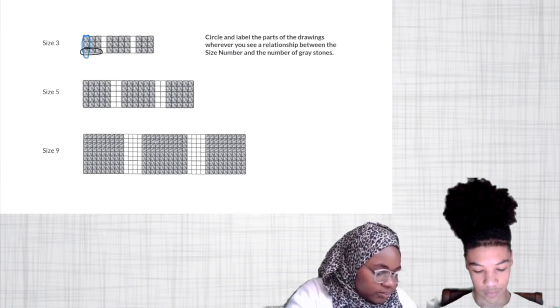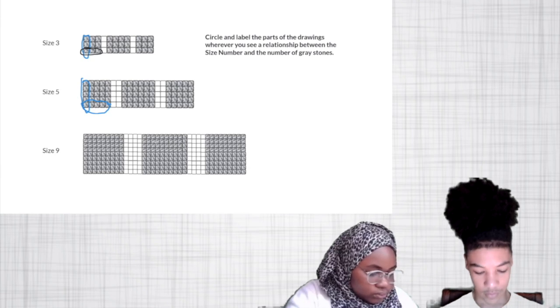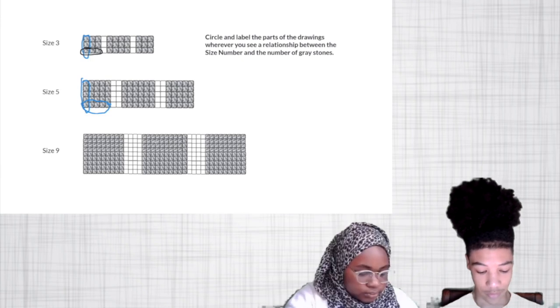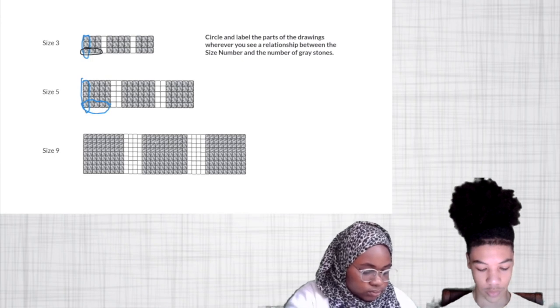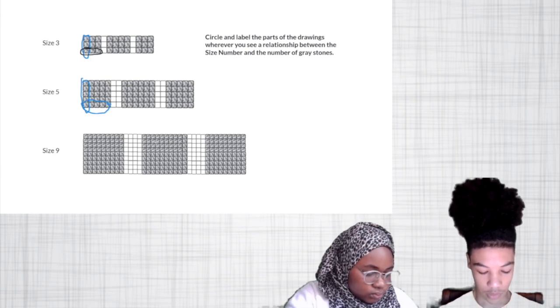Along with size 5 too. They don't really correlate, but it seems that every size has a set of gray tiles where it has an extra tile in the bottom row. Like size 3 has 4 tiles in a row, size 5 has 6 tiles in a row, and size 9 has 10 tiles.